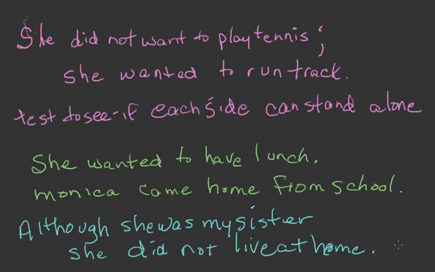Now we have to do our check. Can we say she did not live at home? Yes, that's fine. Can we say, although she was my sister? And it's like, although she was my sister, what? That just leaves you hanging. It may have a subject and a verb, and it does. She, subject, was, verb, but it's not an independent clause because it cannot stand alone. So in this particular case, it starts the sentence, and I can put a comma here, but I certainly cannot put a semicolon.